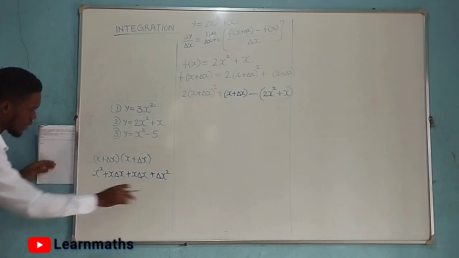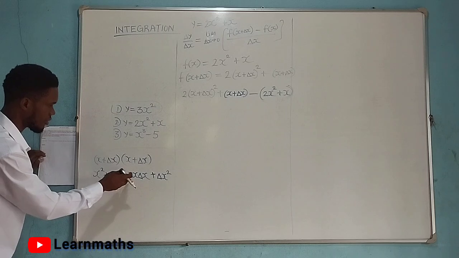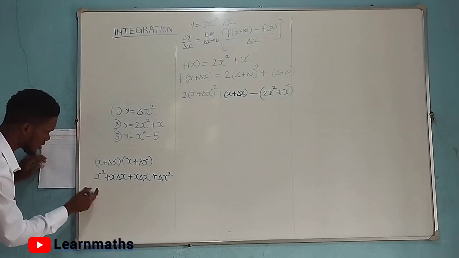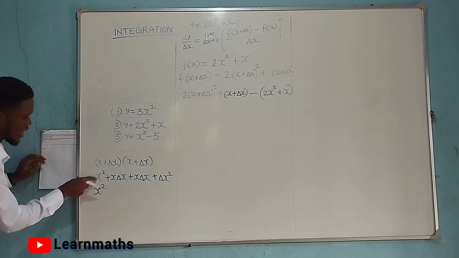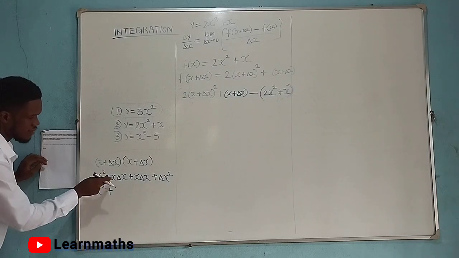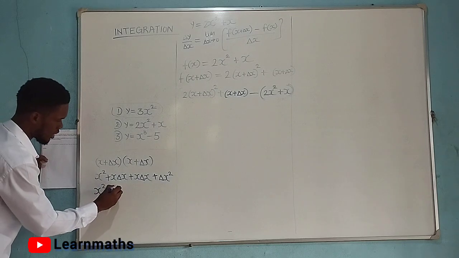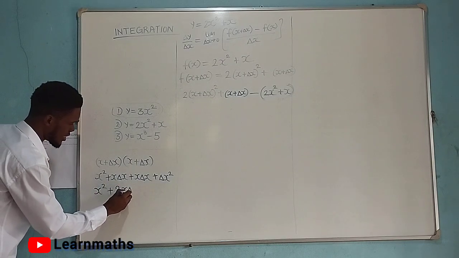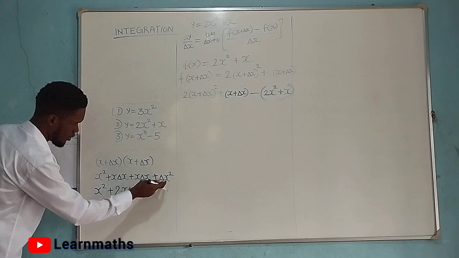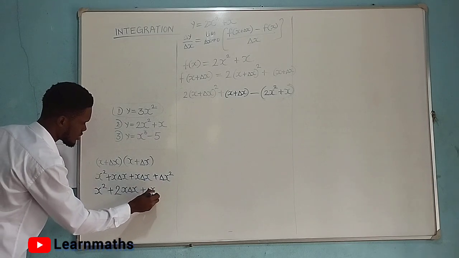So this bracket, this is what we have. What are we going to do? Sum everything up. We're going to have x squared plus, since we have x change in x in two places, a total of 2x change in x, plus change in x squared.